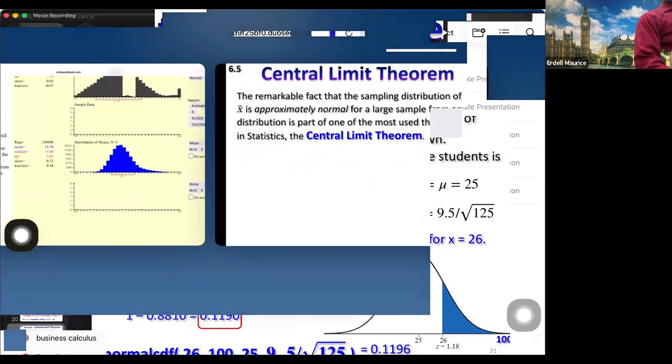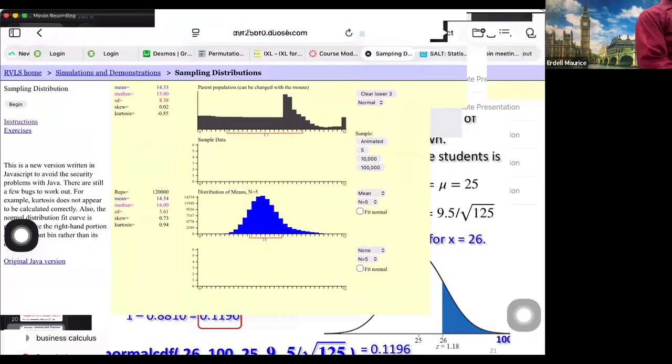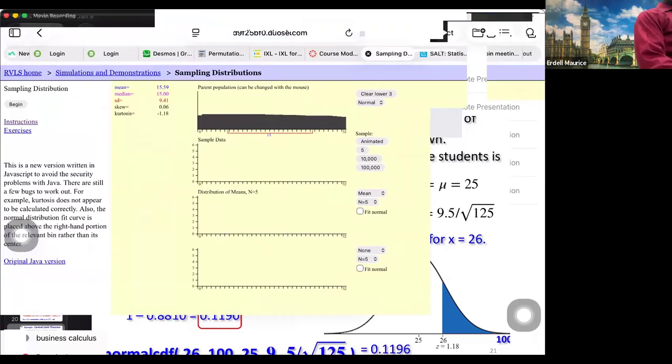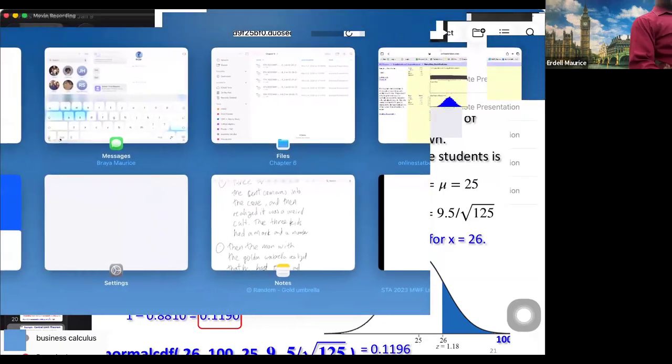So it does not matter how this is distributed up here, any distribution. If you look at a large sample, the distribution of the sample means will always be normal. Questions there? The name of this process is called the central limit theorem.